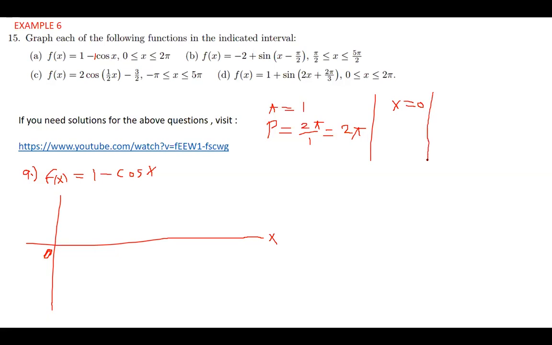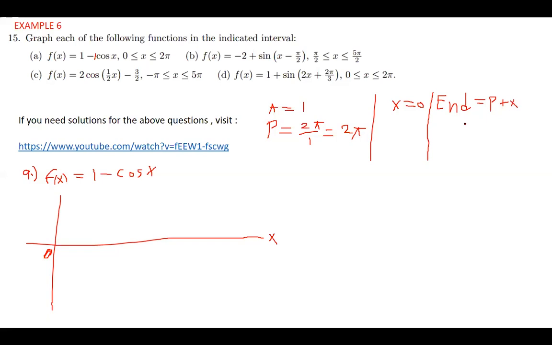And then where am I going to end? Remember what we said: the ending point is nothing but the period plus the value of x.